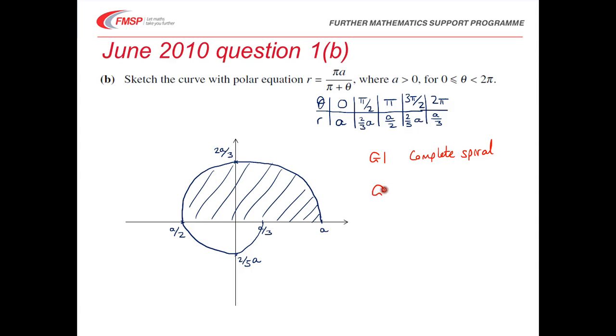There's a second mark for getting these 2 points clearly labelled, or it being very clear from your diagram that we are decreasing as we go round. That second mark is dependent on the first mark being correct, and if your diagram is not fully correct, you score a maximum of 1 mark there. You don't need the shading to get the mark. That was just to help focus the second part of this question.